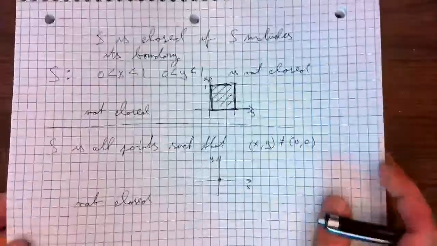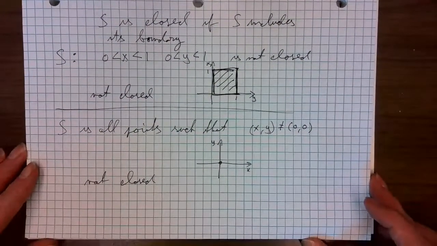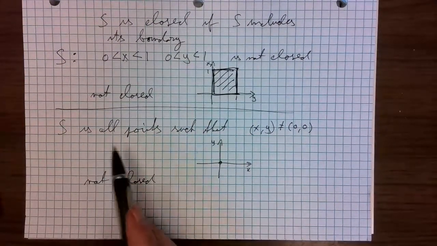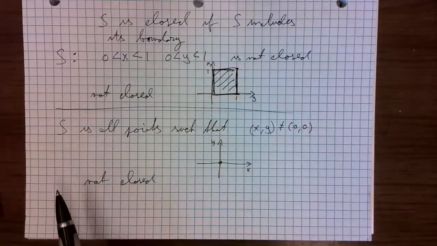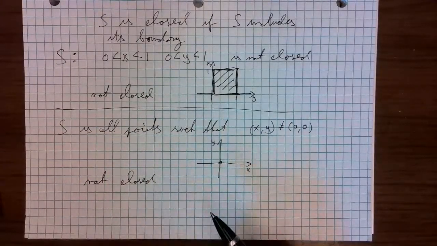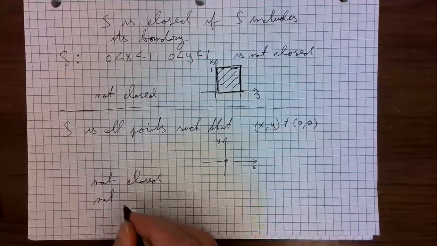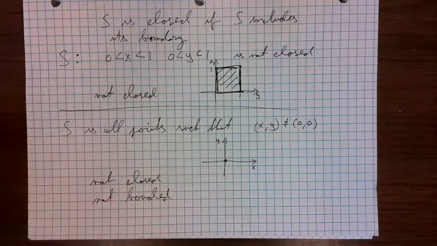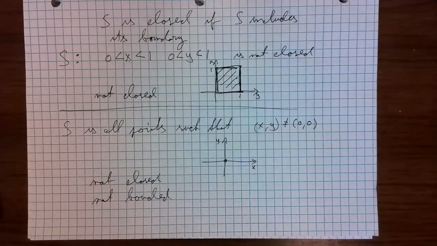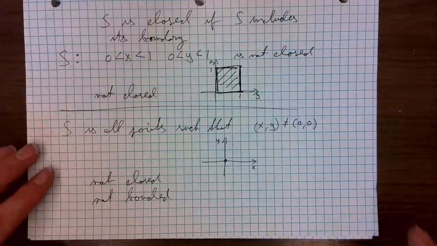Now, here we actually have an example of an unbounded region. This S is not just not closed; it's also not bounded, because it's all the points except for the origin. So there are points arbitrarily far away from the origin.